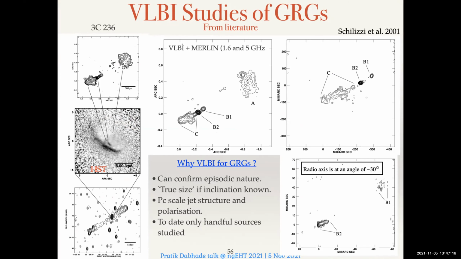We can also nail down the inclination angle and get their proper length, or very close to it, so we know how long these can really go. We have no idea currently about their parsec-scale jet and polarization properties.